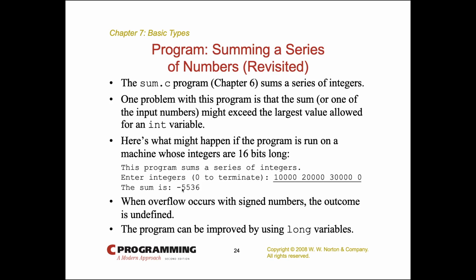The sum is minus something. When overflow occurs with signed numbers, the outcome is undefined. The program can be improved by using a long variable, because the calculated result is going to be bigger than the integer range.